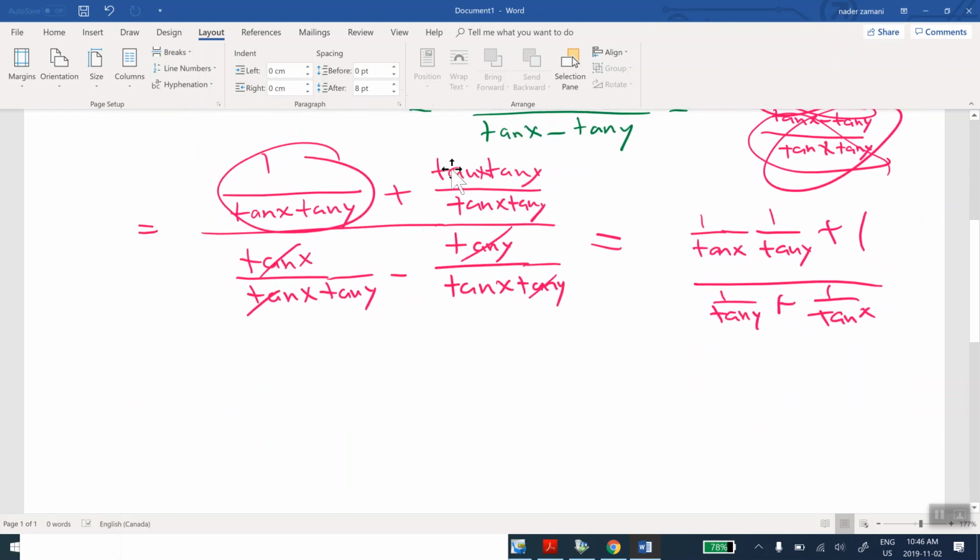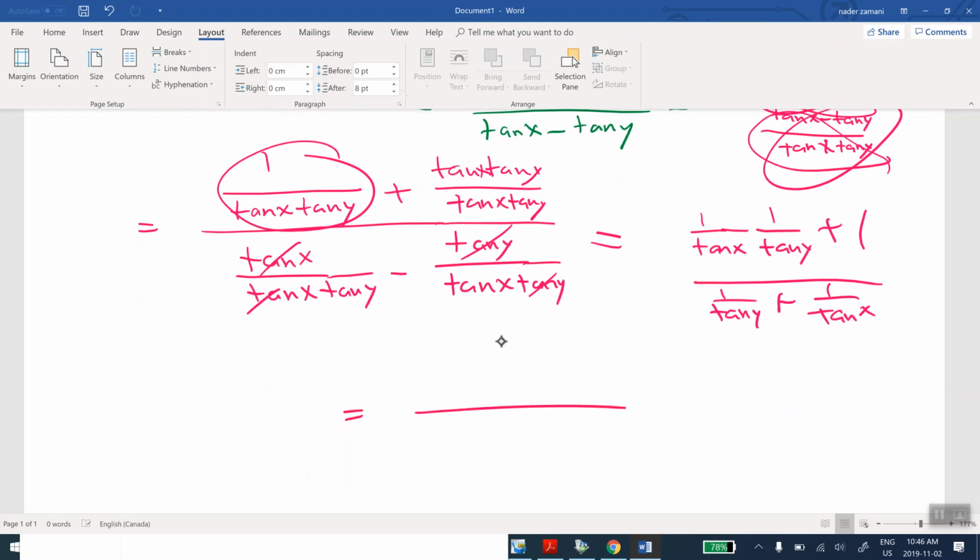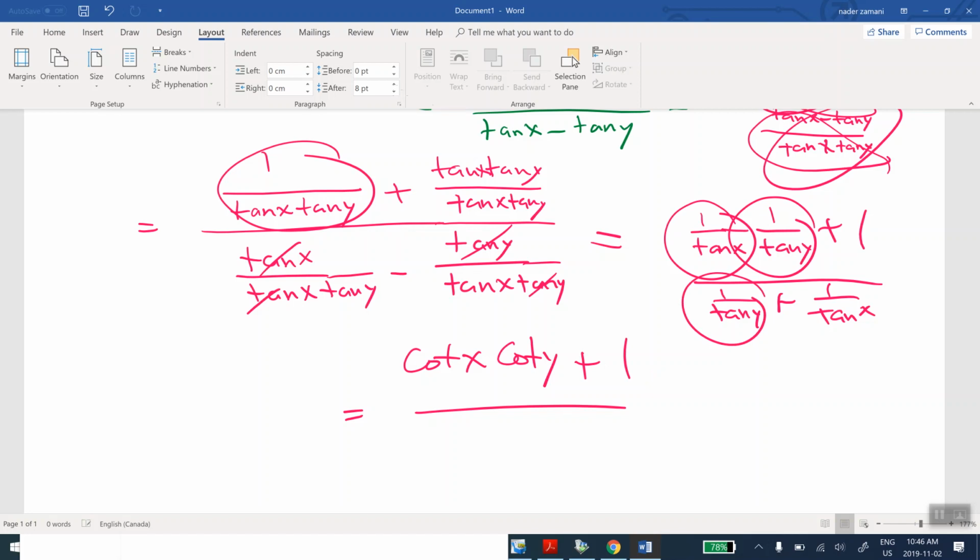The right-hand side is cotangent x cotangent y plus 1 over, this is a minus, there's a minus sign here, cotangent x minus cotangent y. And this is your right-hand side.